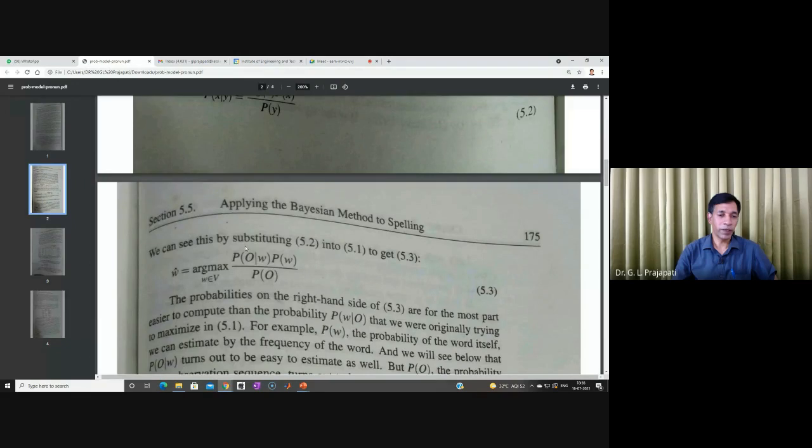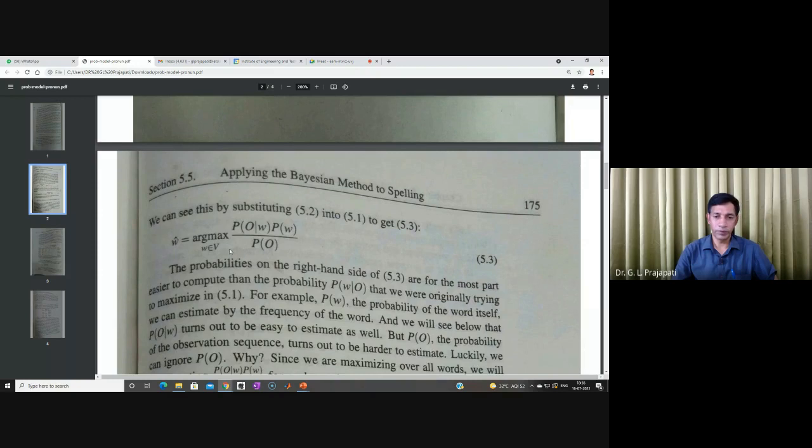For example, O is the observed sequence, and for every word in the corpus you are supposed to determine the probability of this observed sequence given that the word is W. So for every word in the corpus, you have some probability of the observed sequence.